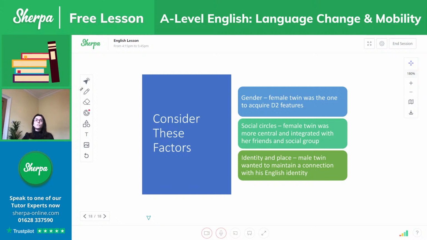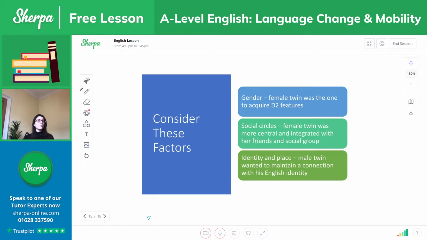Gender is a pretty straightforward one. The patterns found in this study mirrored what one would expect, where the female twin was the one who acquired some features of the second dialect. And remember that I had said earlier that women are generally more likely to adopt a new dialect if they move.